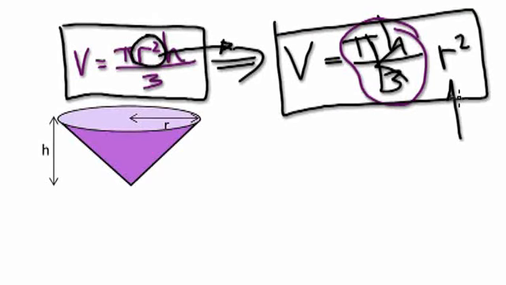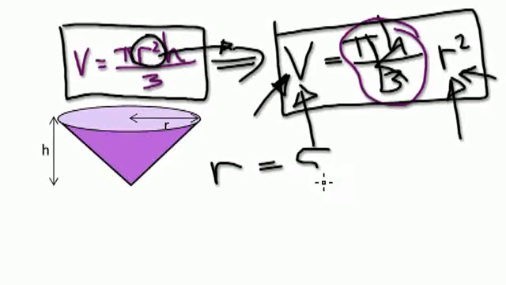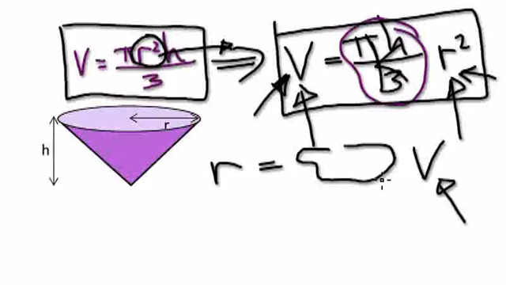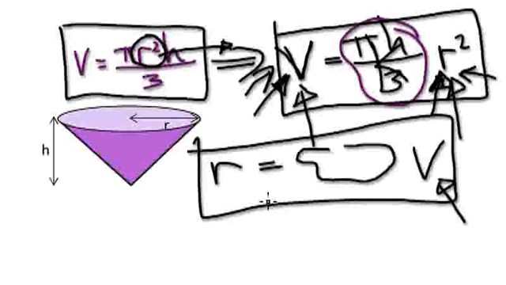What it's telling you is that as you vary the radius, you're seeing what effect it will have on the volume of this cone. But I don't want that. I want to know what happens to the radius as we vary the volume. At the moment you've got volume equals blah blah blah r. So as you're changing r, you are seeing what's happening to the volume. I want to know what happens to the radius as we change the volume.